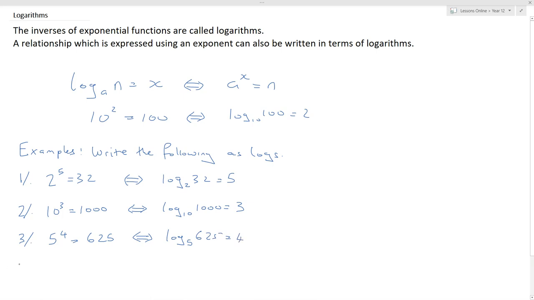And the last one of these examples, number 4, is 2 to the power of 10, which is equal to 1024. And equivalently, in logs, we could say log to the base 2 of 1024 is equal to 10.